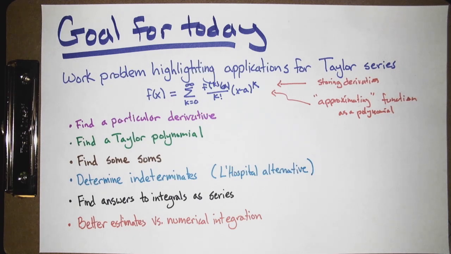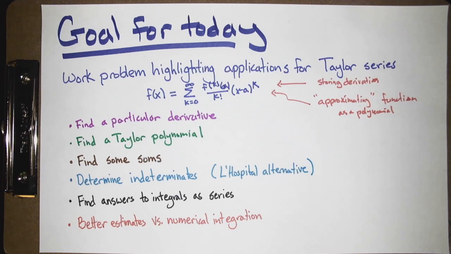All right. So I have a list here. We can find a particular derivative, find a Taylor polynomial, find some sums, determine indeterminates, which means we don't have to use L'Hopital. It's a L'Hopital alternative.